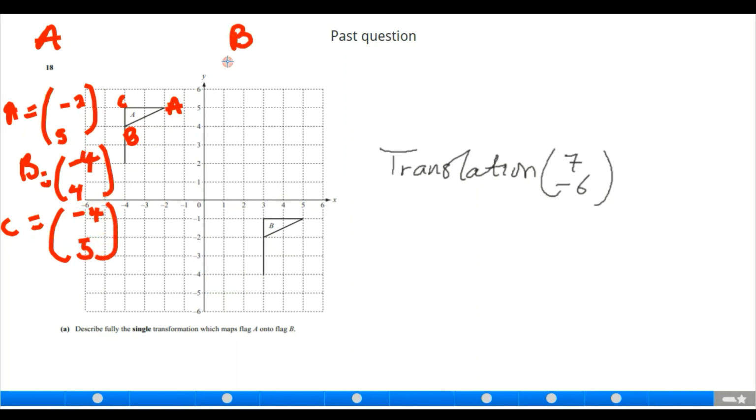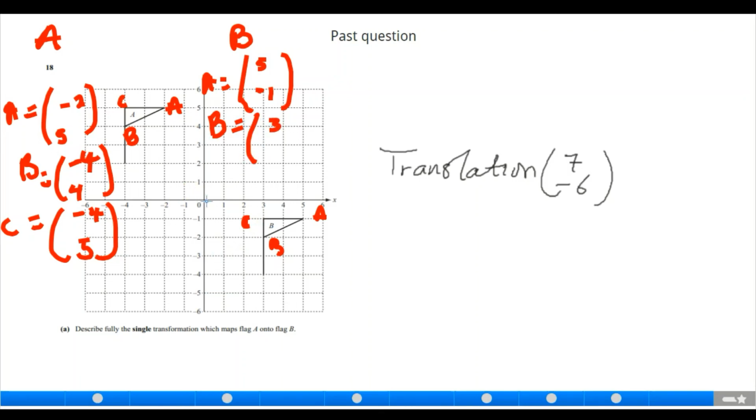So now let's look at flag B. Let's state it as point A, point C, and point B as well. For point A, if you look at it, x is 5, y is what? Y is -1. Now for point B, x is what?